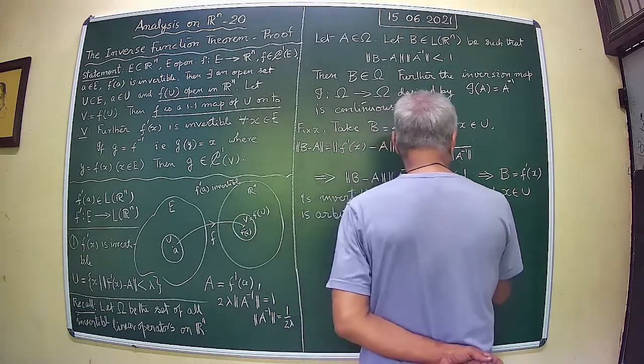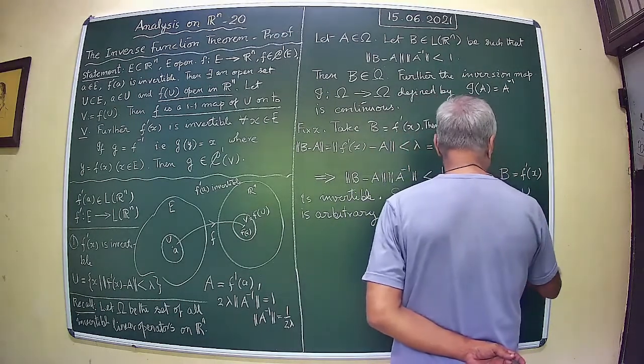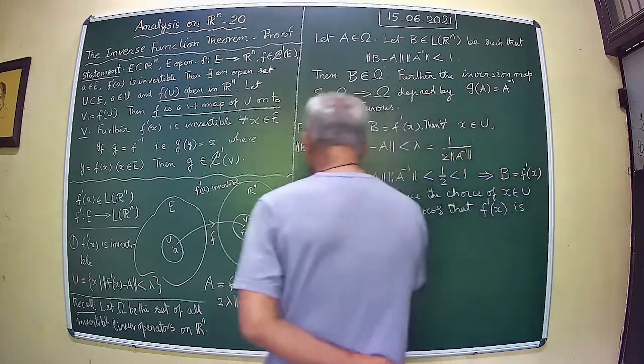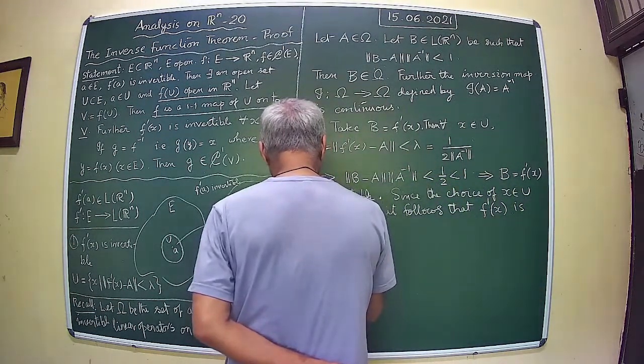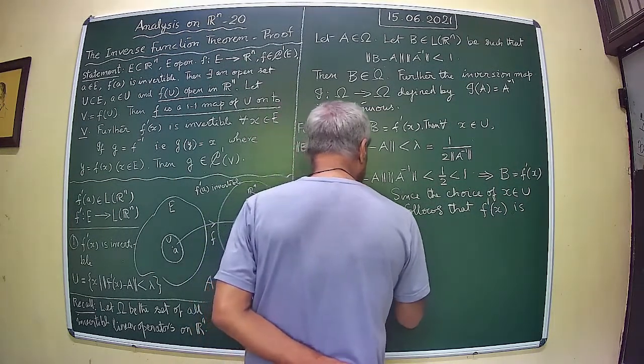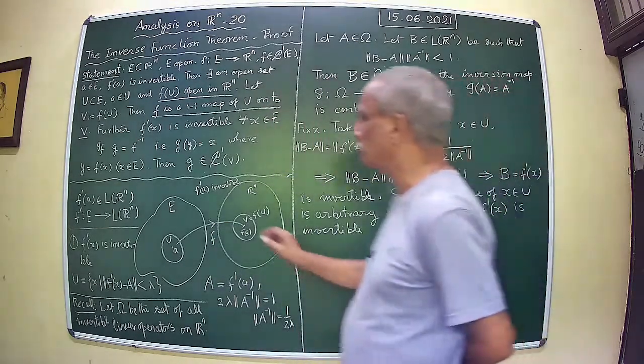So that F derivative of x is invertible for every x belonging to U. Now that completes the proof of this statement.